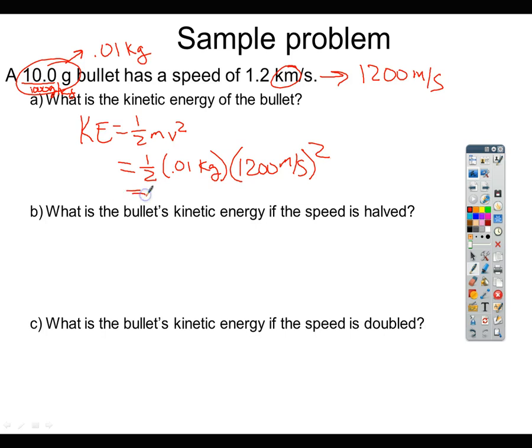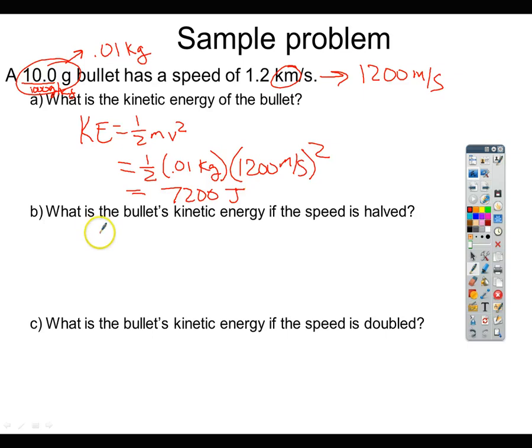So if we take 1/2 times 0.01 times 1,200, and then we square that 1,200, we end up with 7,200 joules of energy.